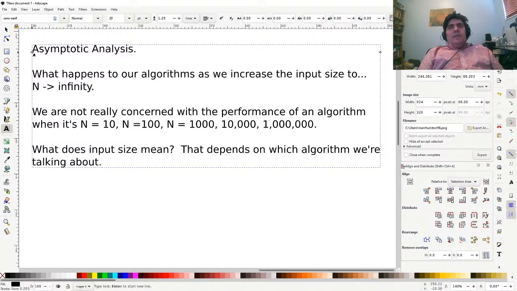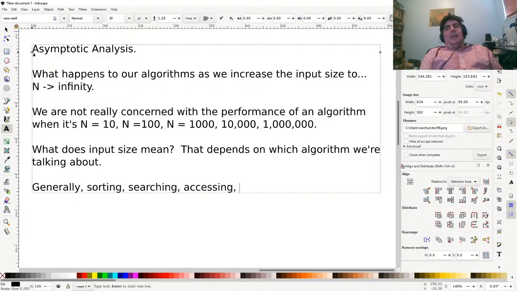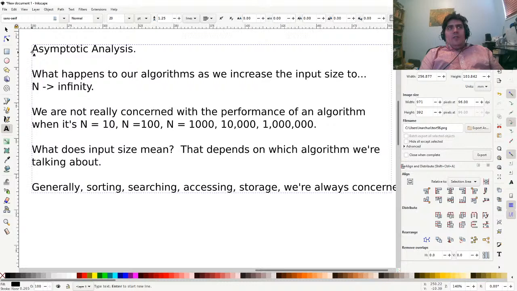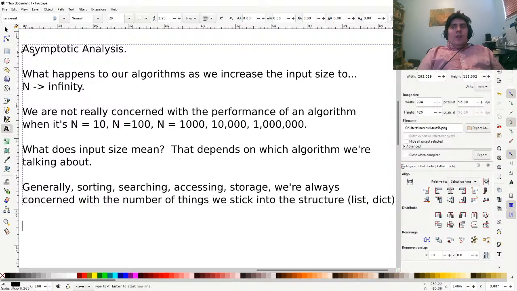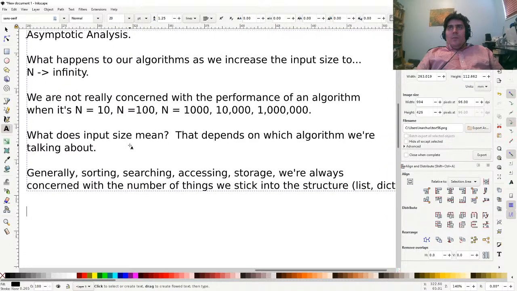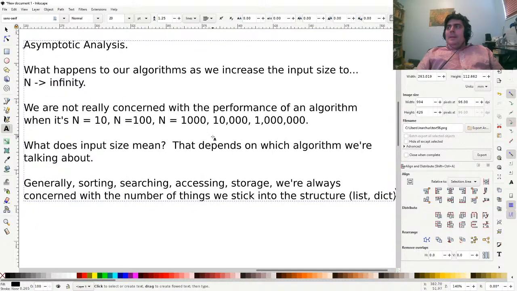In our case, if we're talking about sorting and searching algorithms, data storage algorithms, generally for sorting, searching, accessing, basically anything like that, we're always concerned with the number of things we stick into the structure, which generally is either a list or a dictionary or some more advanced data structure. So that's generally the way that we look at this stuff.